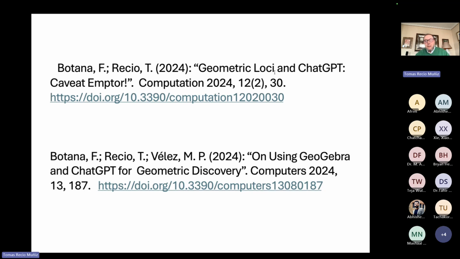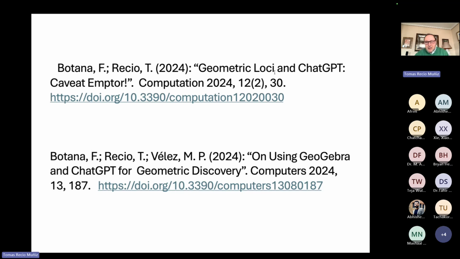But what is relevant is that we can check the mistakes of ChatGPT with GeoGebra Discovery. So we would like to establish a cooperation where what ChatGPT declares can be verified with GeoGebra Discovery. In some sense, this collaboration could improve large language model performance.